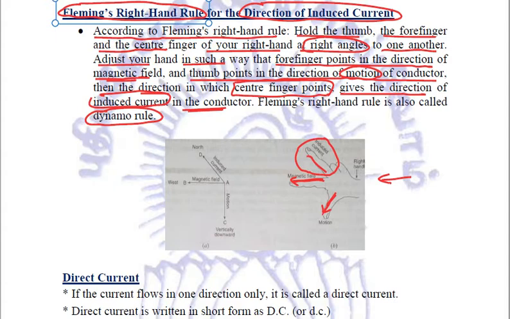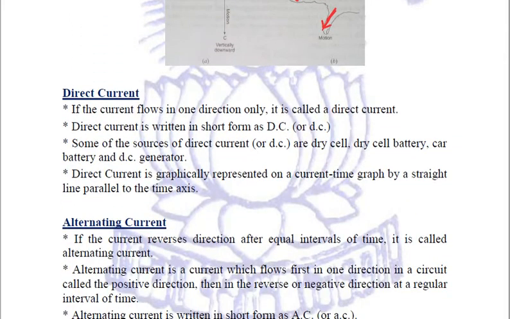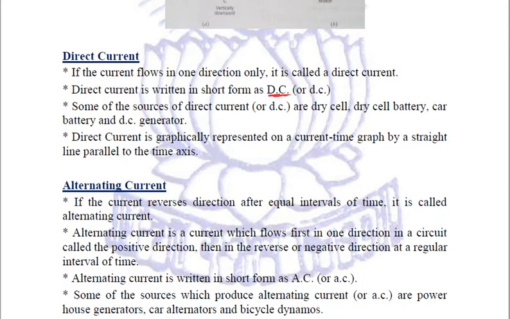Now this current is of further two types. One is direct current, which is called DC, and one is alternating current, which is called AC. These are very important. Let us see first the direct current. If the current flows in one direction only, it is called a direct current. In short form it is written as DC, whether capital or small.